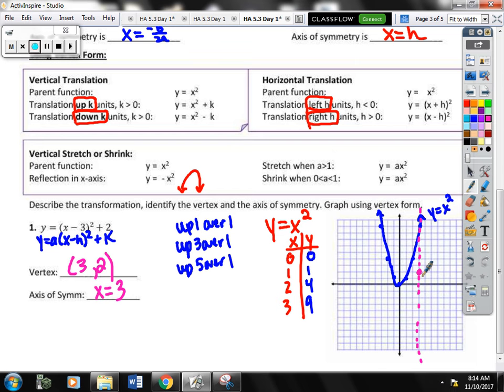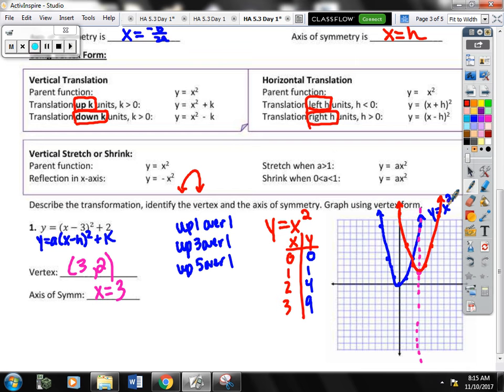But if you memorize the pattern that we have here, all you're going to do from this point is go up 1 over 1, up 3 over 1, and up 5, which is going to go off the graph, and over 1. And then we'll reflect those points across the axis of symmetry. And we'll graph it. So if you memorize the pattern, you don't have to do as much work.